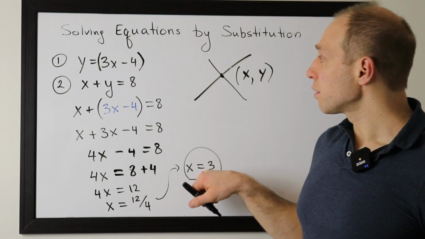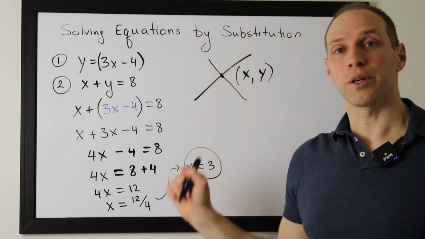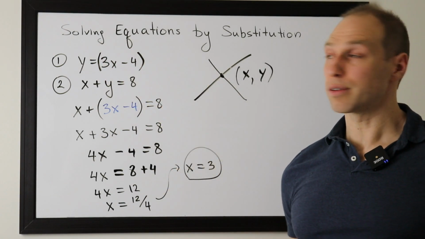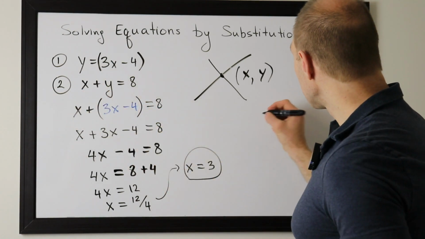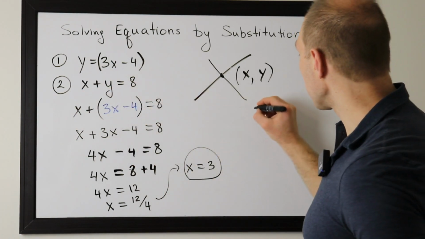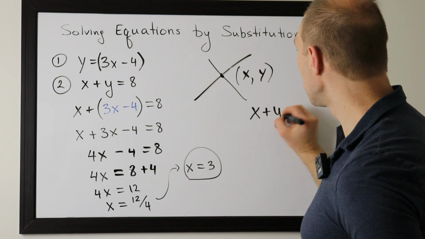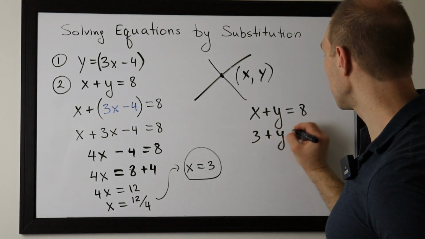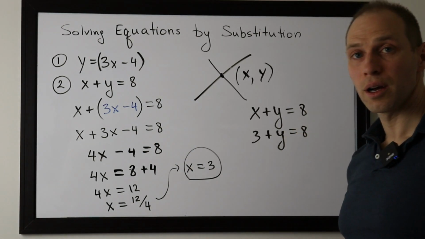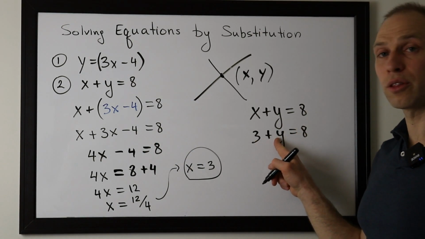So take the 3 and plug it into whichever equation you feel is easiest to solve. In my case, I think I'd go with the second one. So instead of x plus y equals 8, we're going to write 3 plus y equals 8.